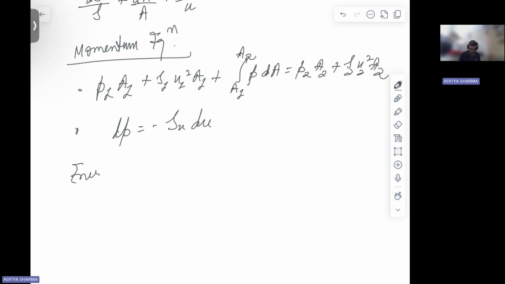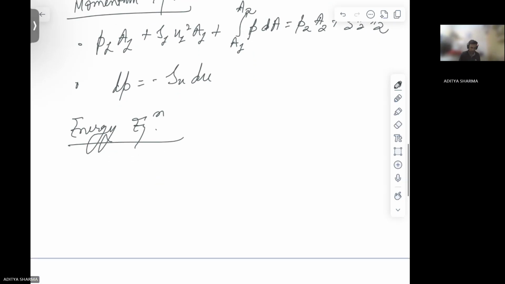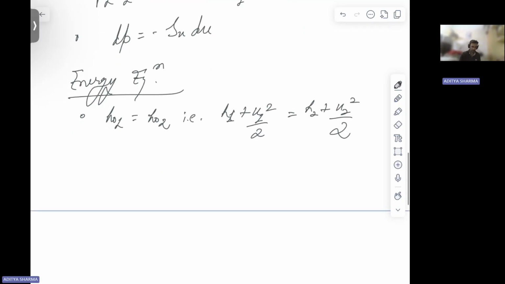Then your energy equation. It is like this, or you can write it this way.